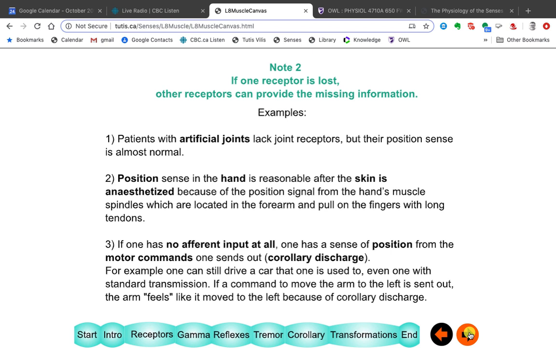There was a good article I read about a patient who had lost all sensory sensation, but he could still drive his old car, and it was a manual, so he had to move the gears back and forth, 1, 2, 3, 4, 5, and he could do it quite well.